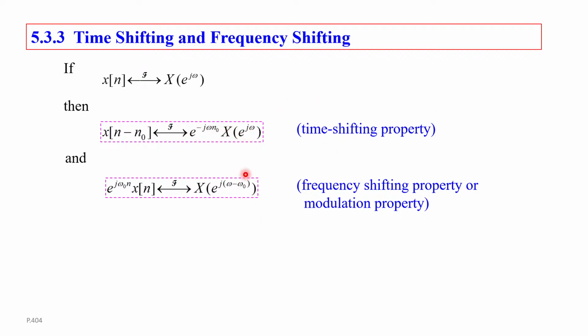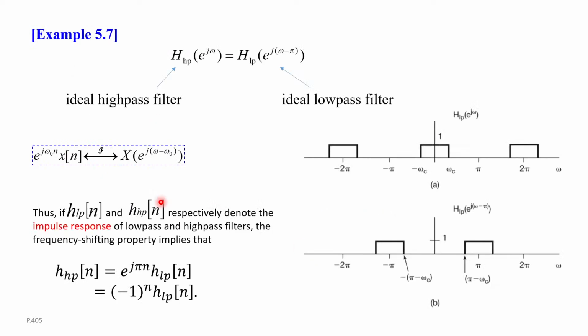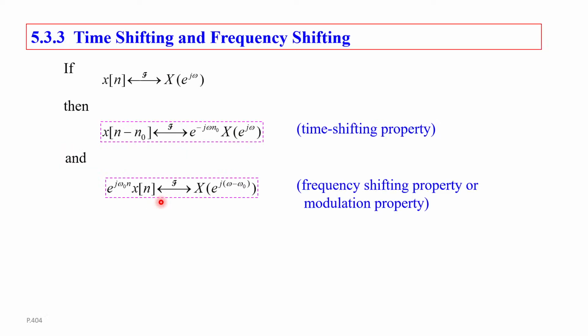And if you shift in the frequency domain, it looks a little different, but what happens is you change omega to omega minus omega naught, and you will get e to the j omega naught n in the time domain. Okay? And the derivation is just you substitute a different variable into your synthesis equation or analysis equation, and you'll get this. So the derivation is very easy.